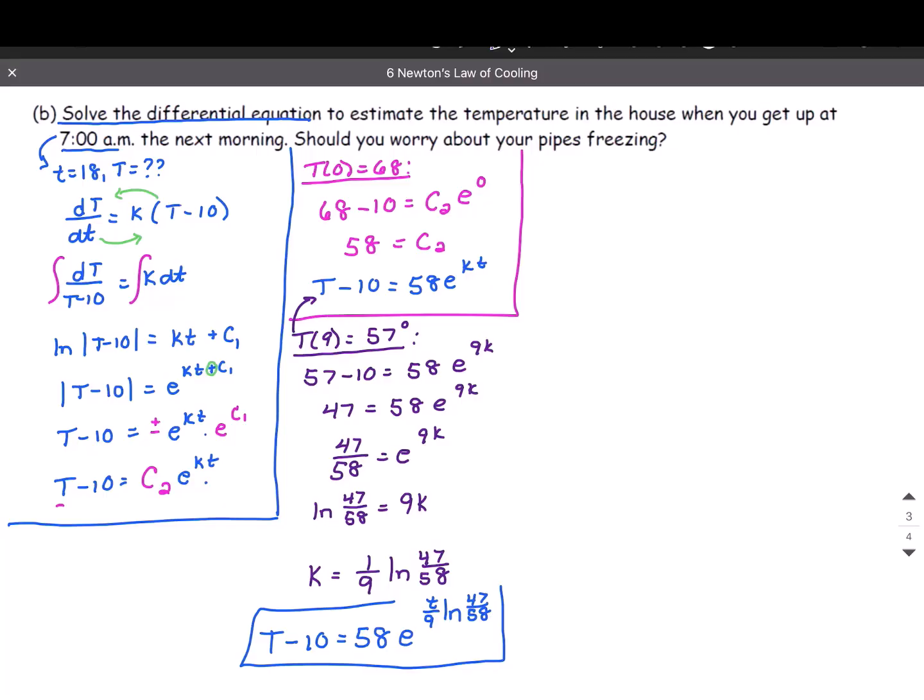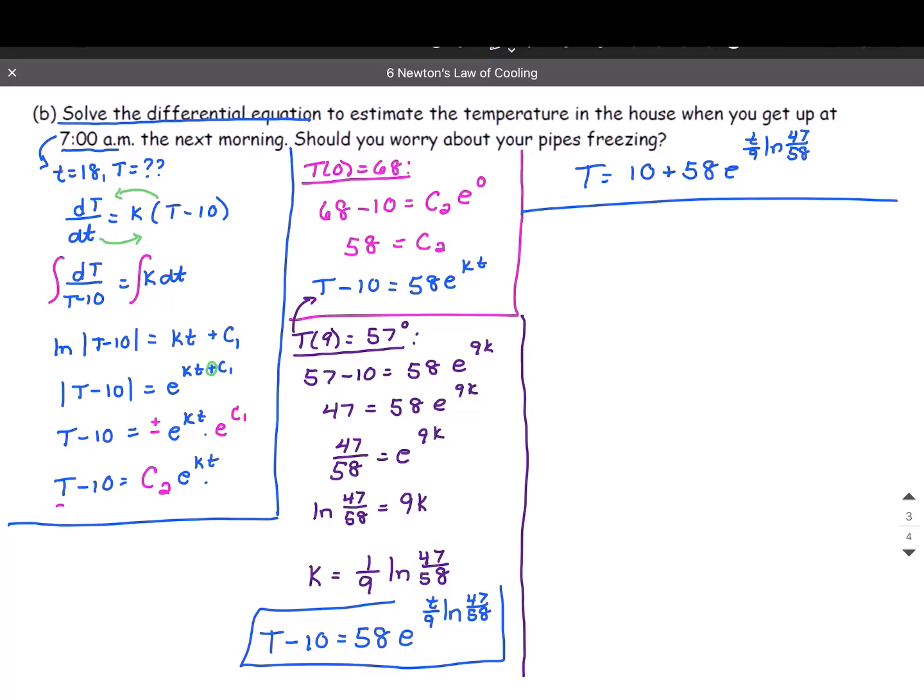Okay, but we're not done. We're going to solve that for T. So in order to solve that for T, all we have to do is add the 10 to the other side. And remember, what are we supposed to be finding? The temperature when the time is 18.